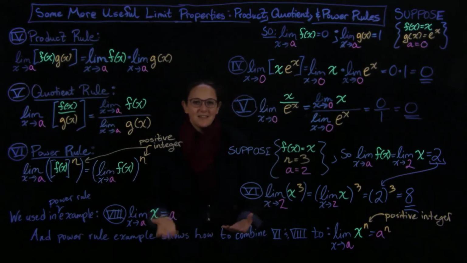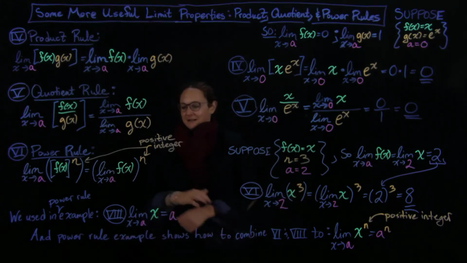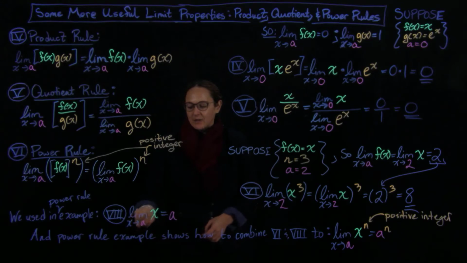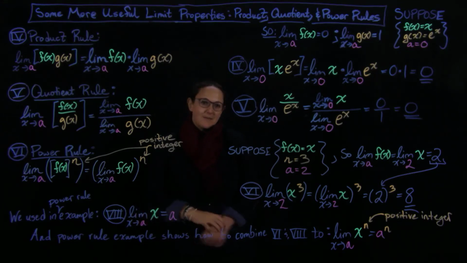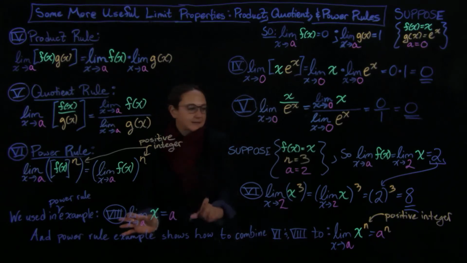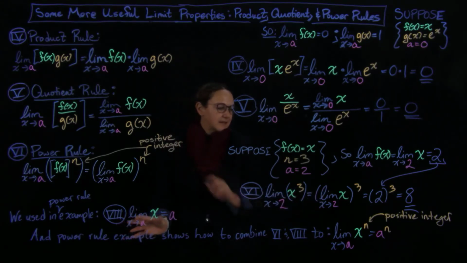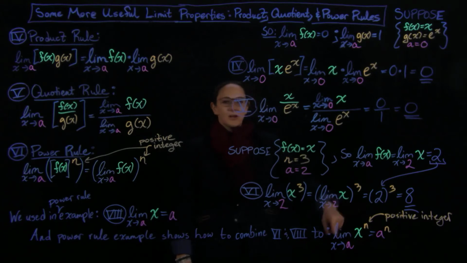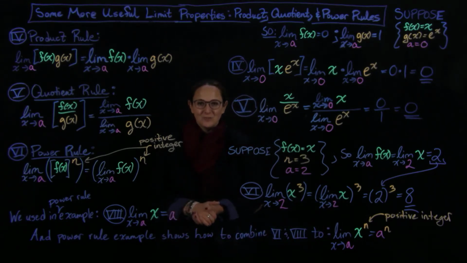And when I've just got x, I can put a in for x. Combining these two things, as we did in here, gives you this rule, where I can do that with any power of x also. I hope that made some sense, and I'll see you in the next lecture.